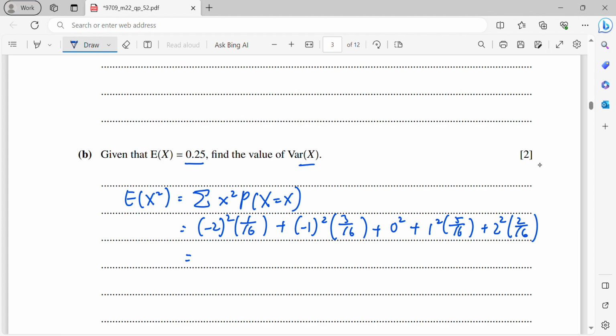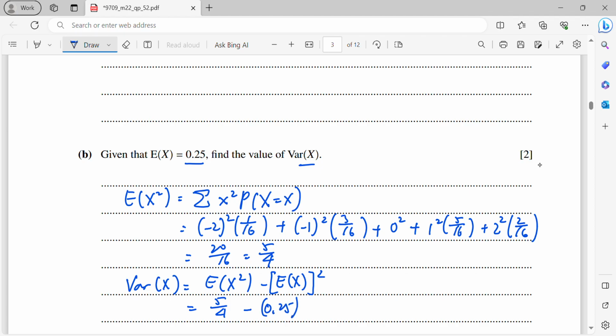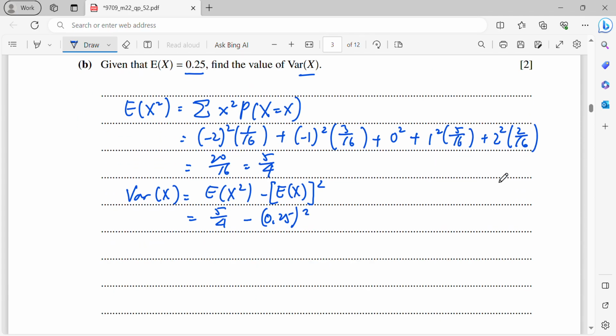When you calculate all, it will be 20 over 16, which is 5 over 4. Now my variance of X is E(X squared) minus the square of E(X), which is 5 over 4 minus 0.25 squared. Then you will get 19 over 16. So that is the variance of X.